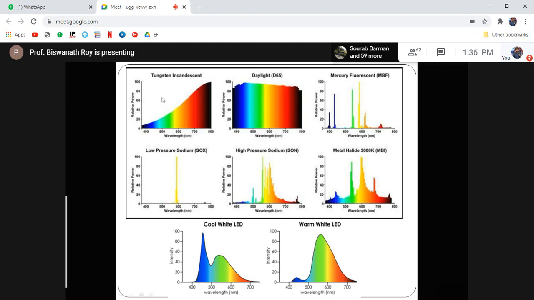And it is true. That's why the radiation coming out from the tungsten filament lamp is hot, because the radiation contains a significant amount of IR radiation. And see, it is a continuous spectrum, right? This is the example of a continuous spectrum.